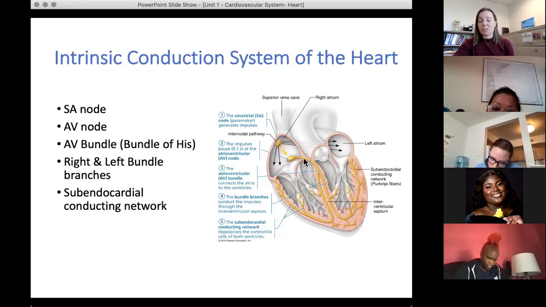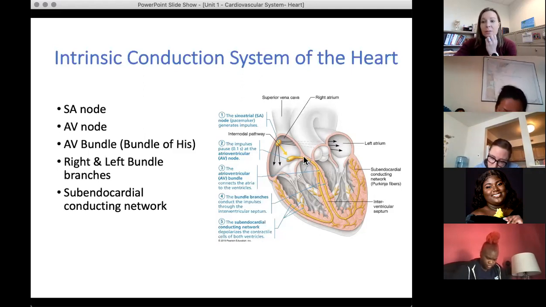So basically just the top half of the septum right here. This bundle of fibers right here is the only connection between the atria and the ventricles, the only electrical connection between the atria and the ventricles.